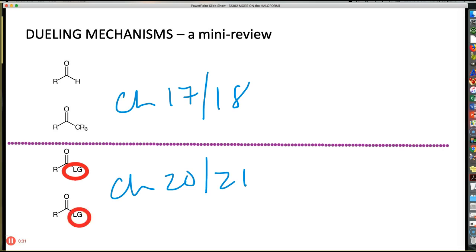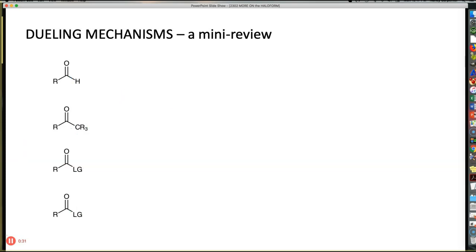That in 17 and 18 we had something attached, a hydrogen or an alkyl group, that is not going to go anywhere. In other words, when we do our reaction for all of these, we know we get a tetrahedral intermediate.